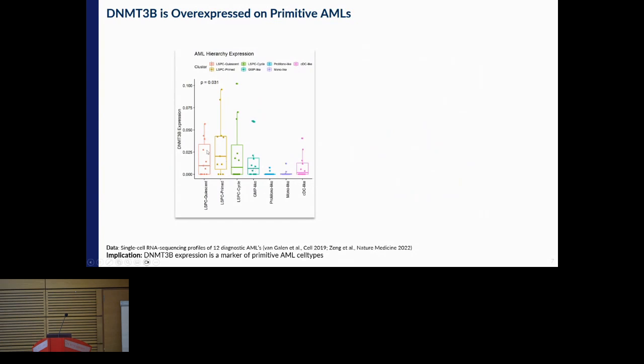And in this way, we're able to plot the expression of our gene of interest, DNMT3B, across the whole hierarchy, just as we've done before. And we're able to see that it's quite a clear marker of the more stem and progenitor-like leukemia cells.